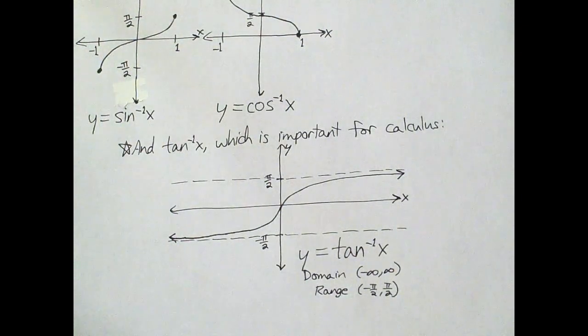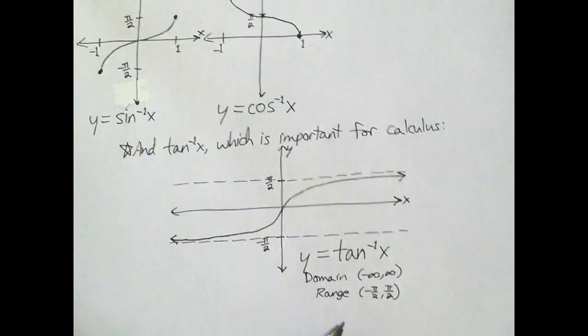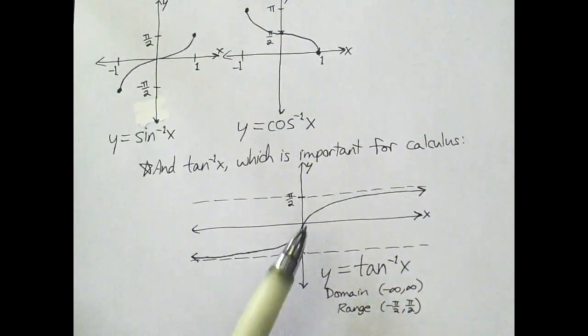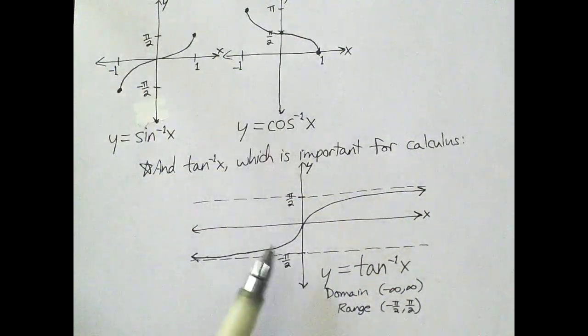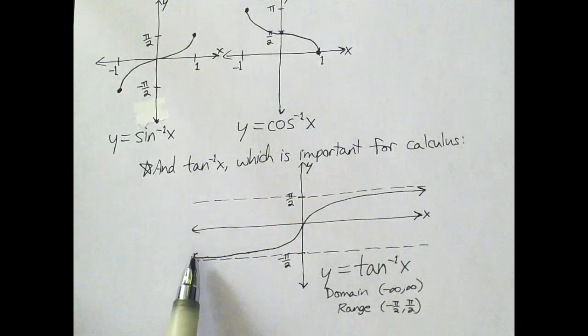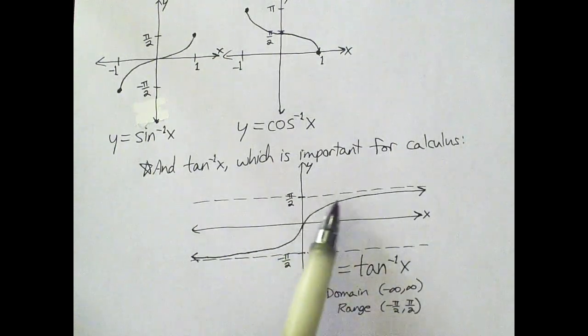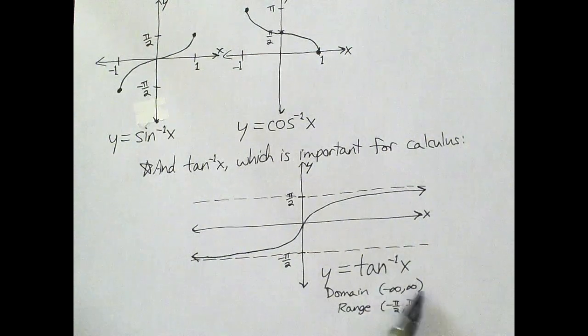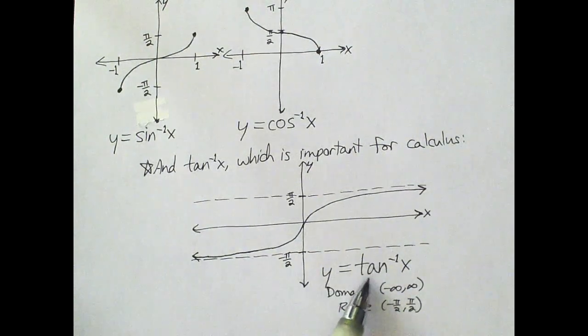Even though I'm not telling you the full story of why this is useful for calculus, I will just acknowledge that the thing that makes this one different from the others, and kind of special, is the domain. It's the fact that the domain is all real numbers, and that turns out to be a pretty nice property to have for calculus. And it means that you can put in any value you want going into inverse tangent.